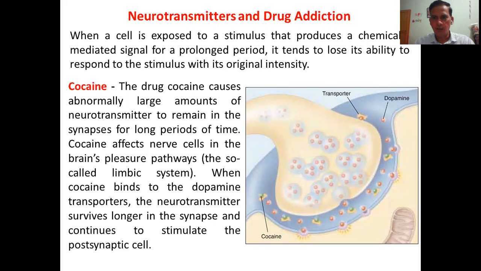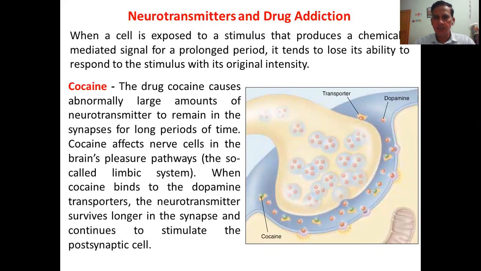So in normal instances, dopamine is released, binds to the postsynaptic neuron and exerts the feeling of pleasure. Now, after doing its job, it is transported by the transport proteins and taken up by the axon.